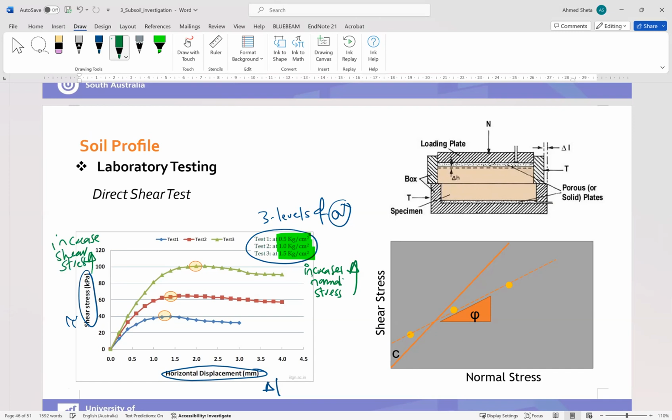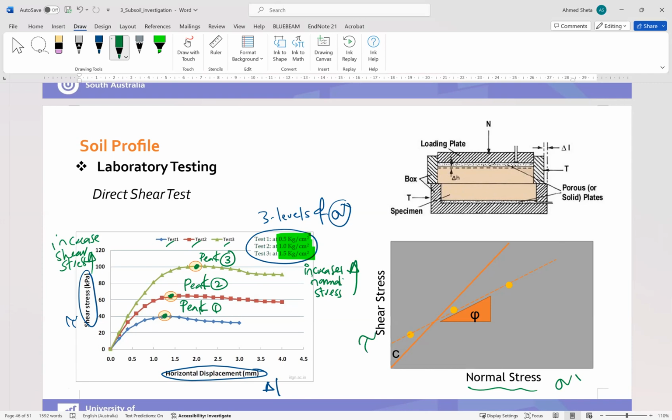Okay, and here we have test 1, test 2, test 3, as you can see, and we will pick the highest point or the peak of each test, so peak number 1, and so on. Okay, and we will create another plot between normal stress sigma dash and shear stress tau on the vertical axis.